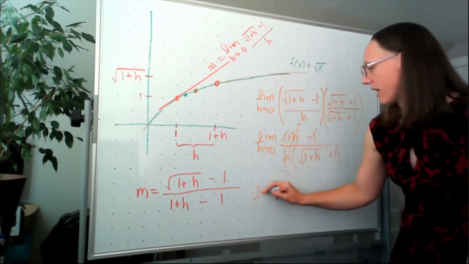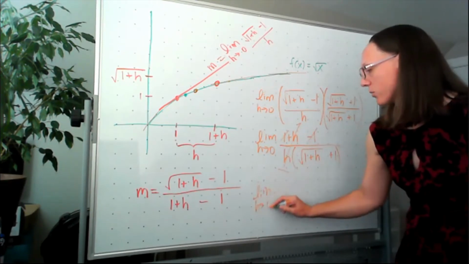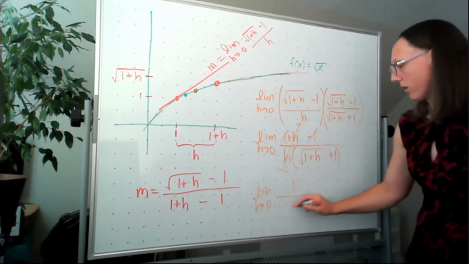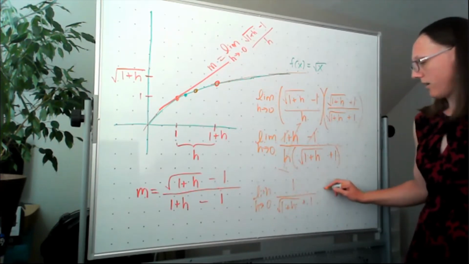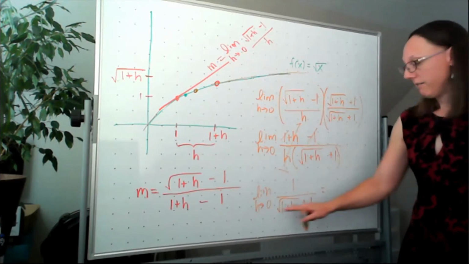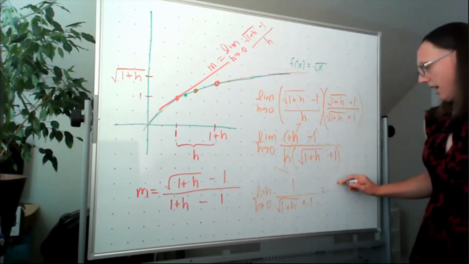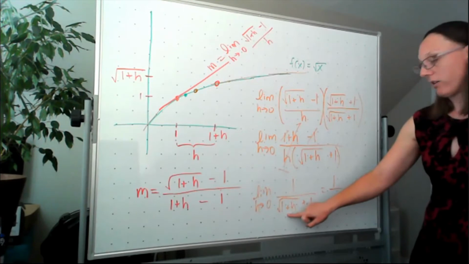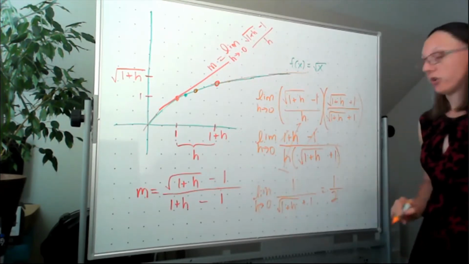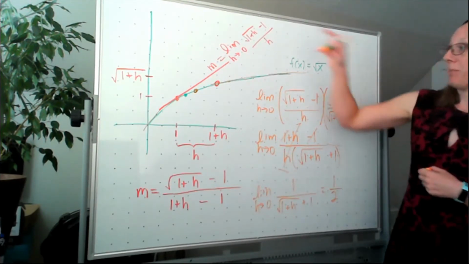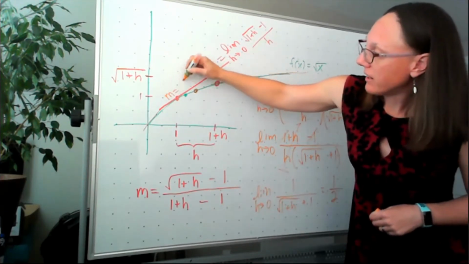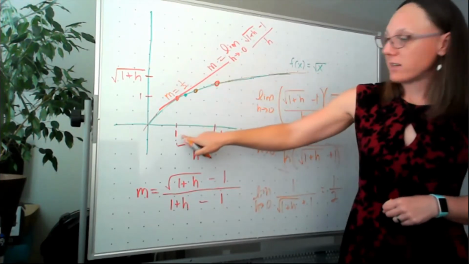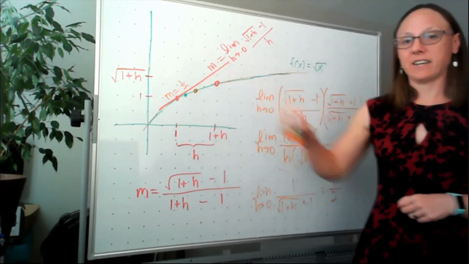And now I'm just looking at the limit as h approaches 0 of 1 over the square root of 1 plus h, plus 1. If I plug in 0 for h, I've got 1 over the square root of 1 plus 1, or 1 over 2. Which means, back to this, the slope of the tangent line when x equals 1 is 1/2.